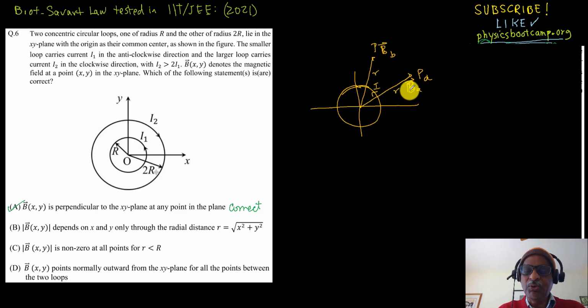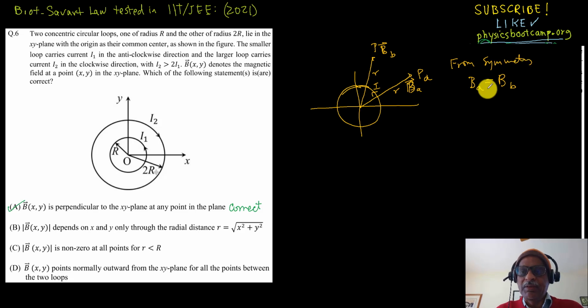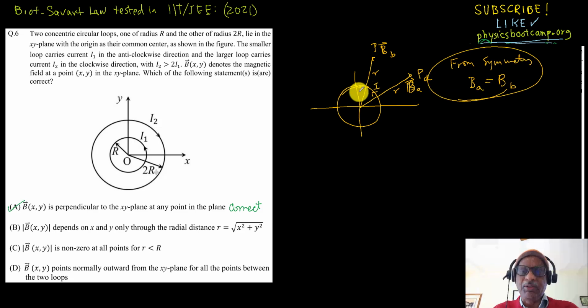So I may not know BA and I may not know BB, but we can say just from symmetry, you expect that.